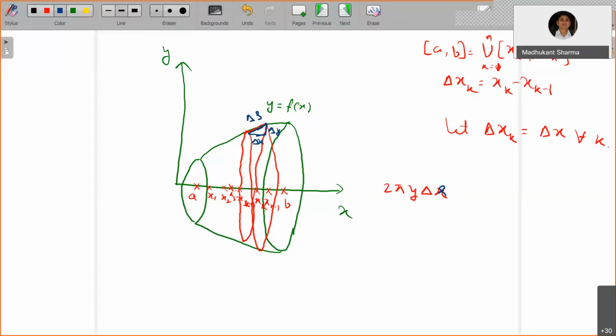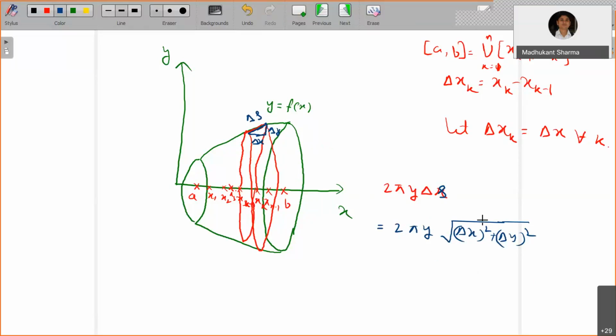So the area element is 2 pi y delta s, where delta s is the square root of delta x square plus delta y square, by the Pythagoras theorem: delta s whole square equals delta x square plus delta y square.